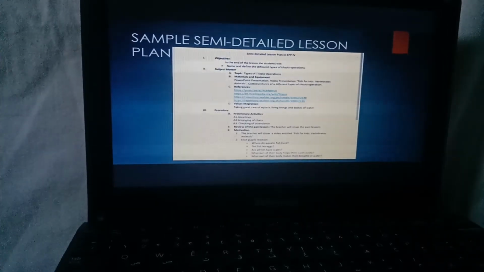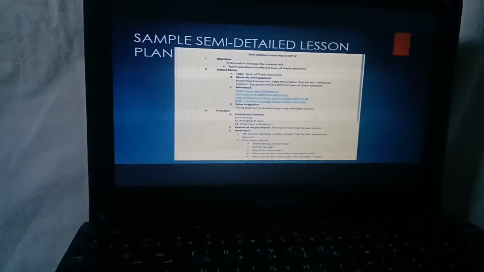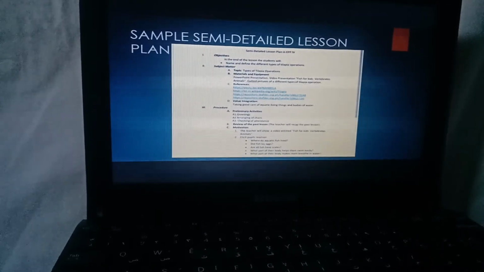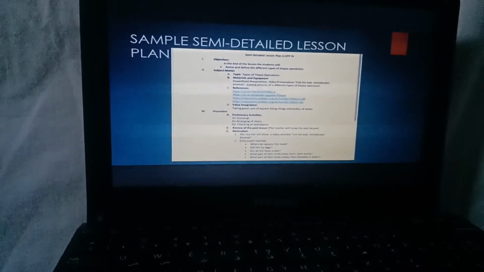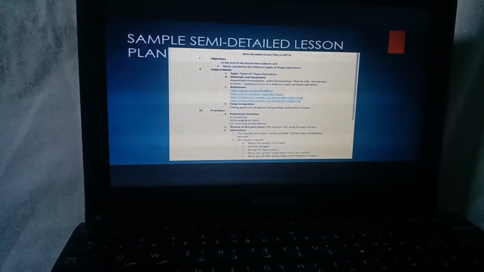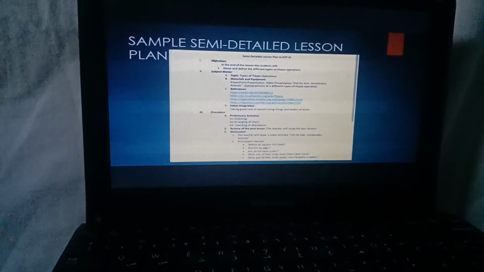The topic is types of tilapia operation. The materials and equipment that I will use are the PowerPoint presentation, the video presentation Fish for Kids, Vertebrates, Animals, and the pictures of the different types of tilapia operation. Value integration, taking good care of aquatic living things and bodies of water.